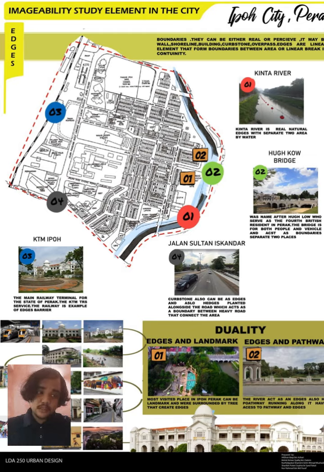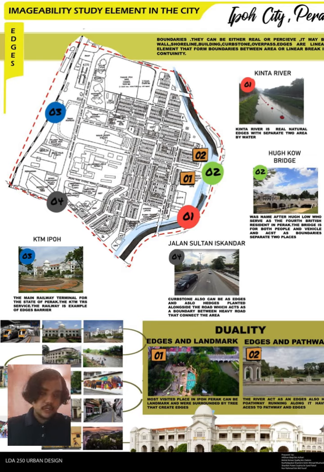The railway itself acts like a barrier to the two side areas. Next is Jalan Sultan Iskandar Perak, where alongside the road there are hedges planted, so it creates a hedge. Next is the Hajno Bridge, which connects the two areas from this side to the other side, so it can act as a barrier, as an edge.